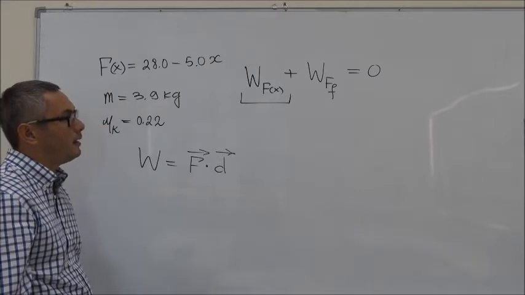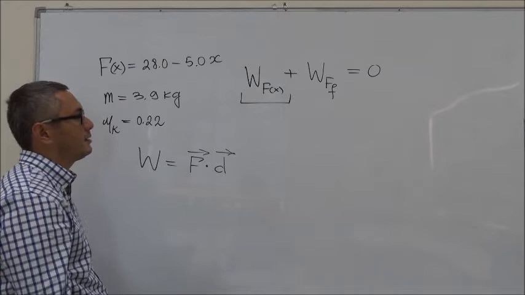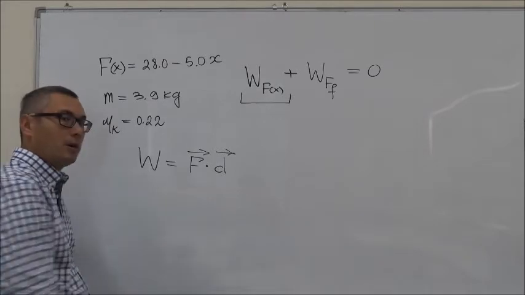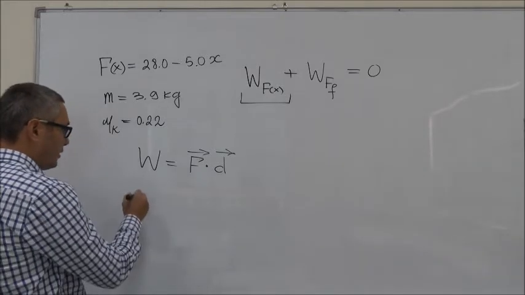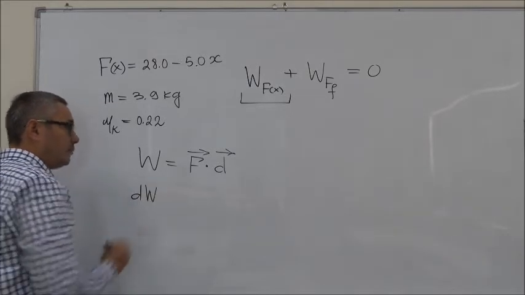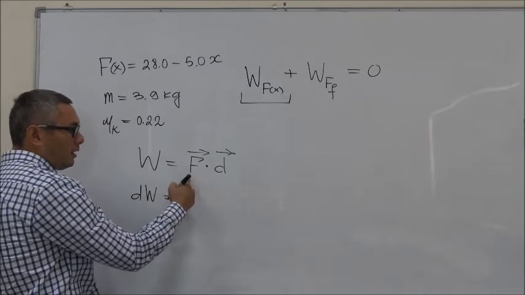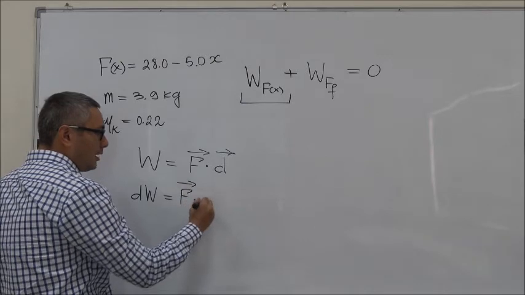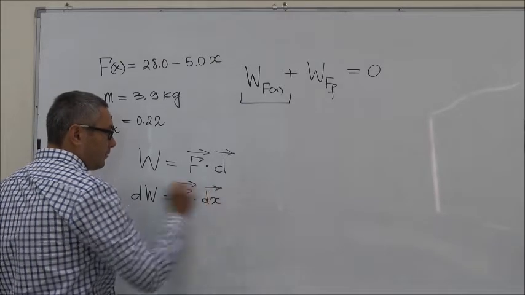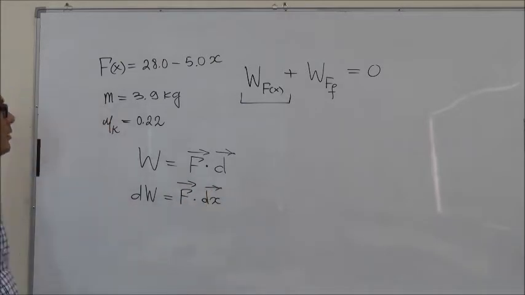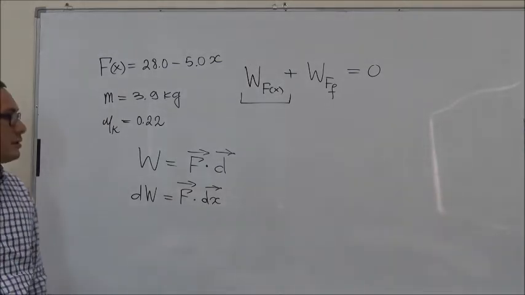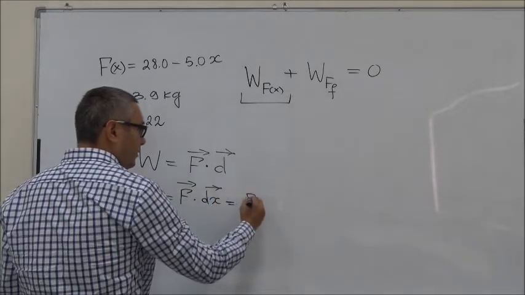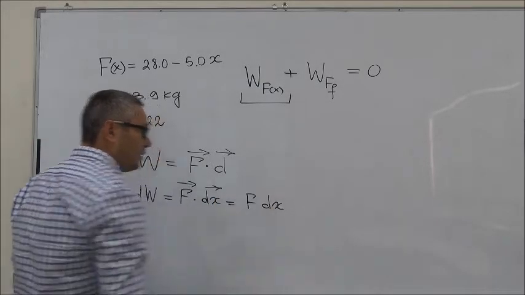However, if the force is not constant, then instead of using work, we can use the element of work. So we will have dW, and instead of d, we will have dx. Okay. Now, in our case, the force F is horizontal, so instead of having f dot dx vectors, we will just have f dx because they are parallel.